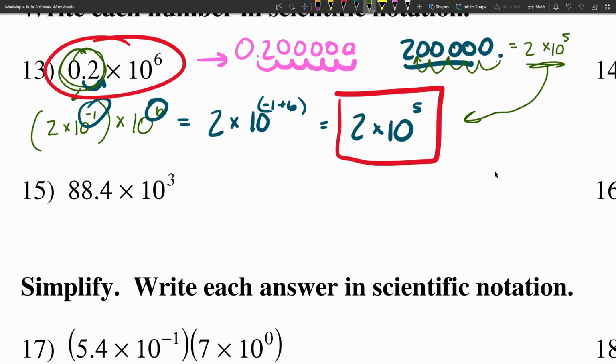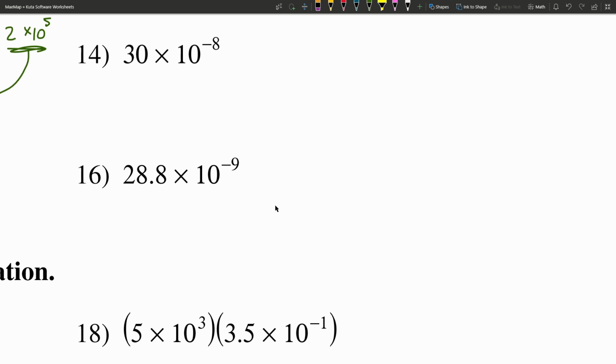Let's move on to number 14. In number 14, we have 30 times 10 to the negative 8th. For this one, let's start by writing it in standard notation and then go to scientific notation.